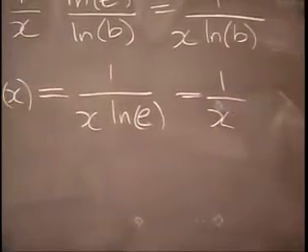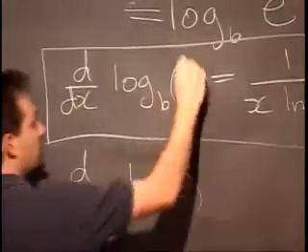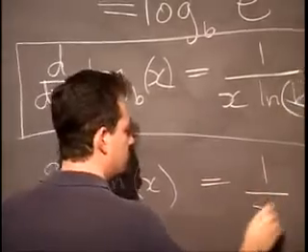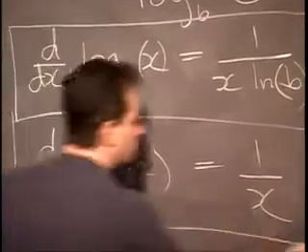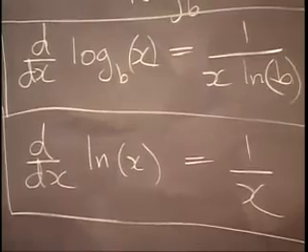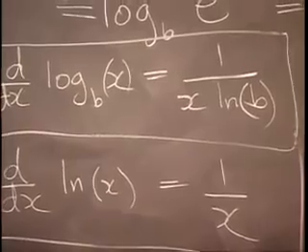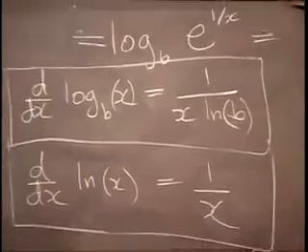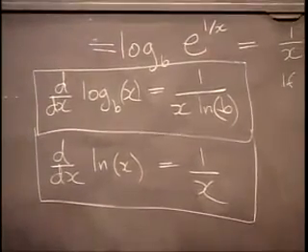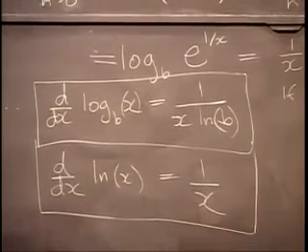And you have, therefore, this formula as a specialization of the above one. The derivative of natural log x is just 1 over x. Amazing. It really is quite an extraordinary formula. It's the sort of thing that you would really never guess.